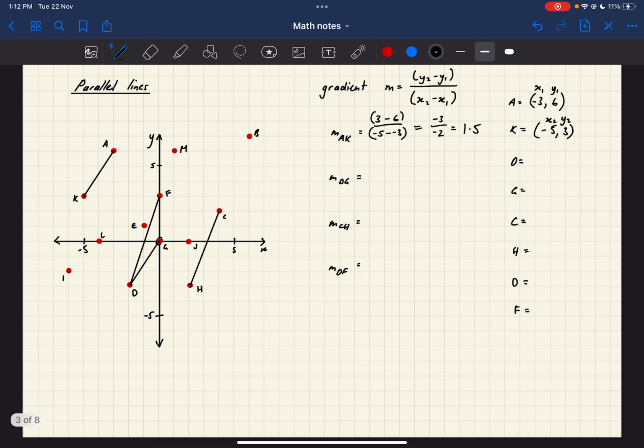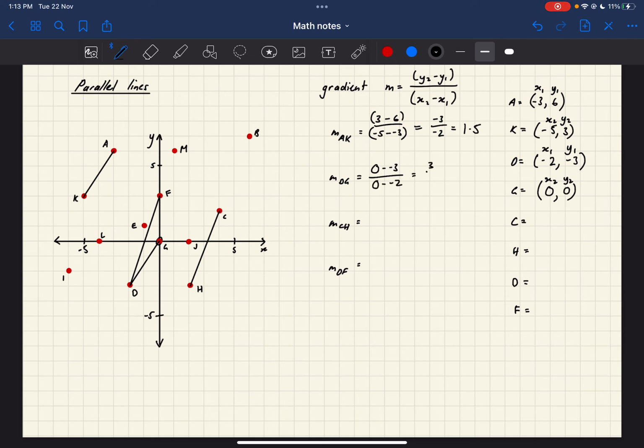D and G have the coordinates negative 2, negative 3, and 0, 0, x1, y1, x2, y2, and then we do 0 minus negative 3 over 0 minus negative 2.